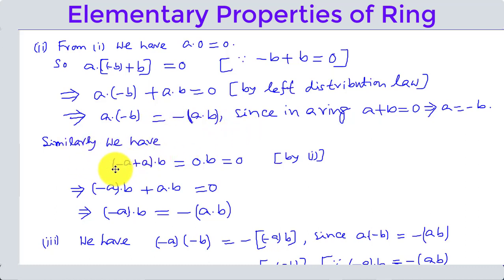Similarly, we have minus of a plus a, dot b, is equal to 0 dot b is equal to 0. This minus of a plus a is equal to 0. So 0 dot b is equal to 0 by 1, since we know from 1 a dot 0 is equal to 0 dot a is equal to 0. So b dot 0 is equal to 0 dot b is equal to 0.